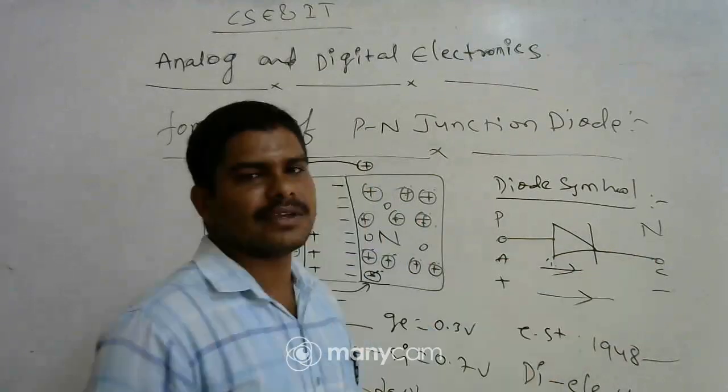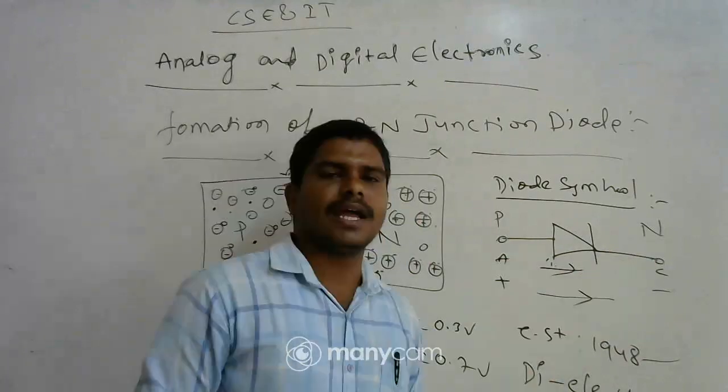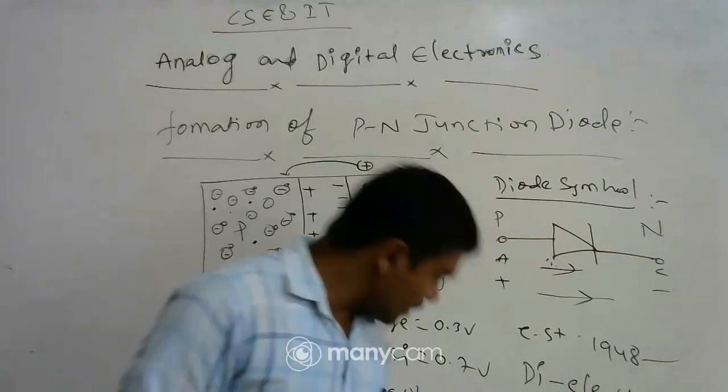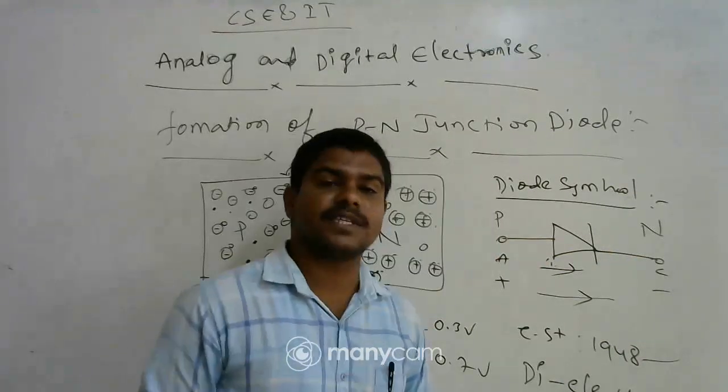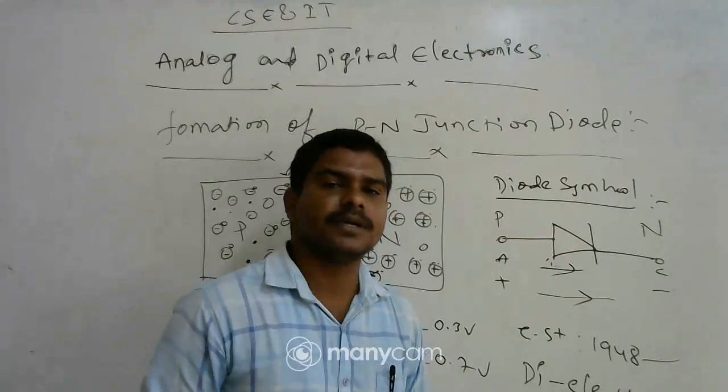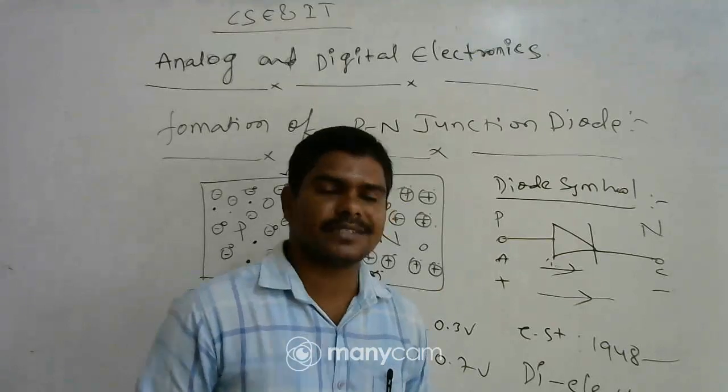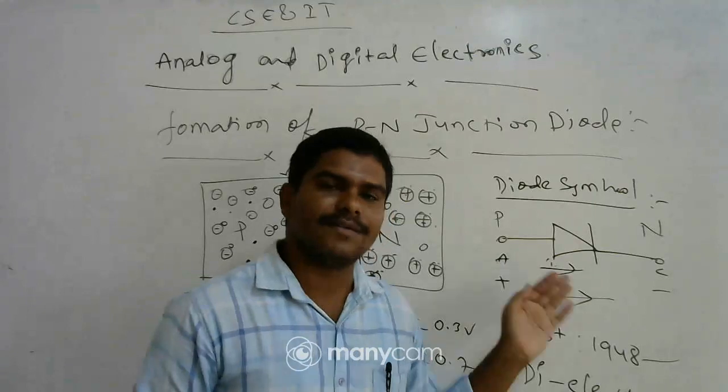Diode is a unipolar device. Remember this important point: diode is a unipolar device because current flows in only one direction.